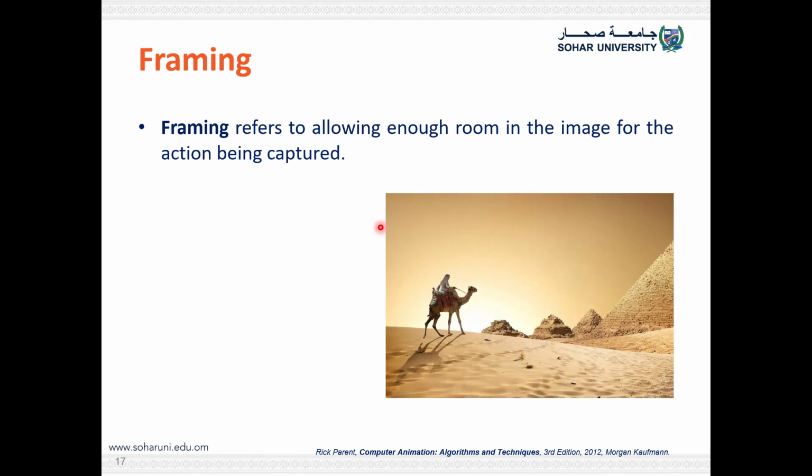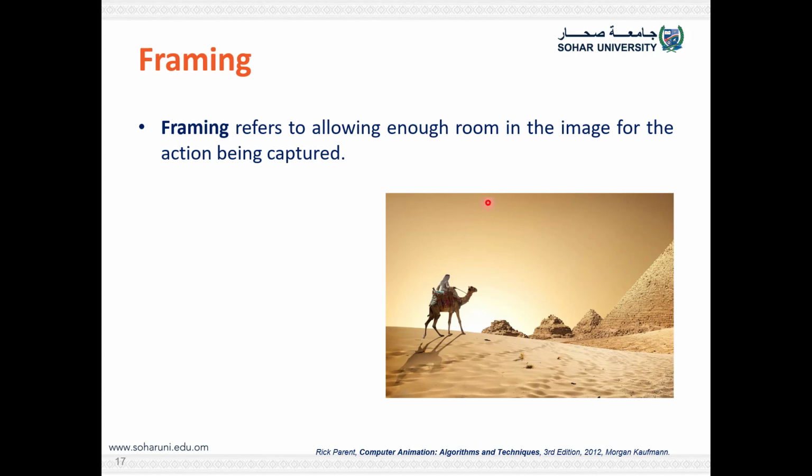The last principle, with which we finish task 1 of animation principles, is called framing. Framing means allowing enough room in the image for the action being captured. So when I capture an image, I need to capture enough space, enough room to show the details or the action that I'm looking for.